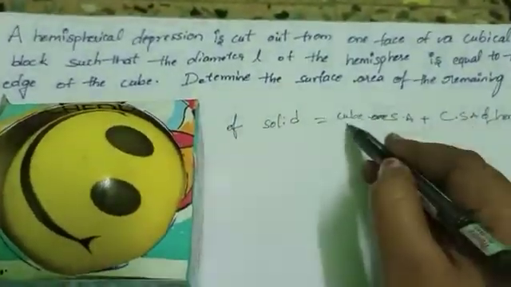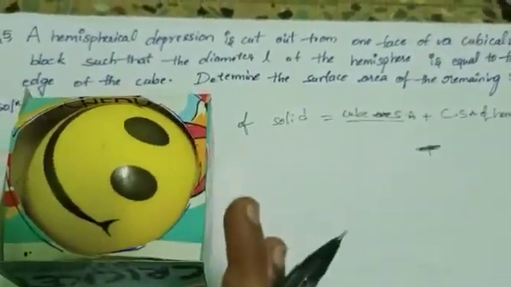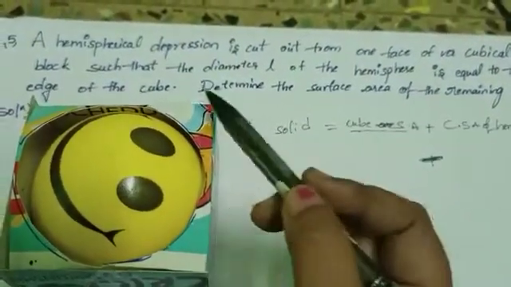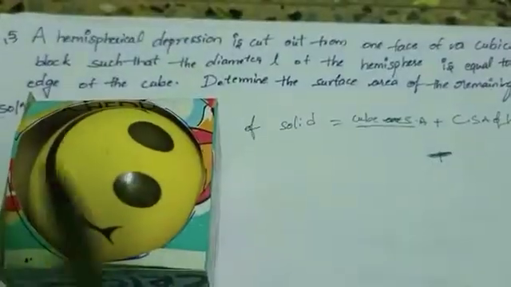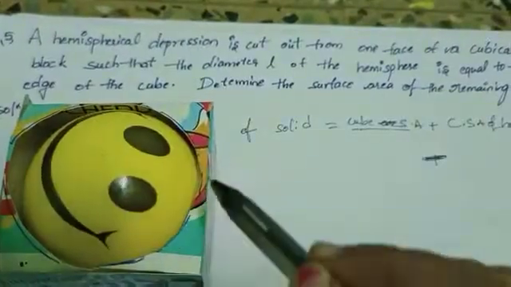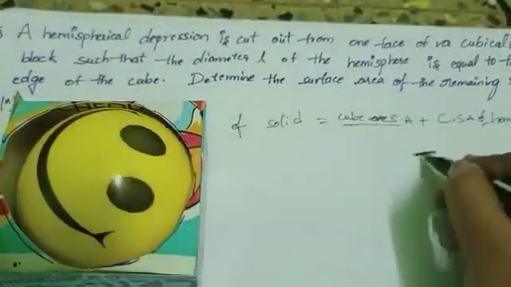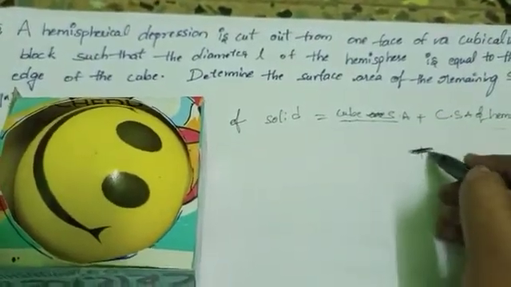Here the 6 faces' area is already included, but for the top surface area we only consider these 4 portions, not this circular region. This circular region is subtracted from the total area.